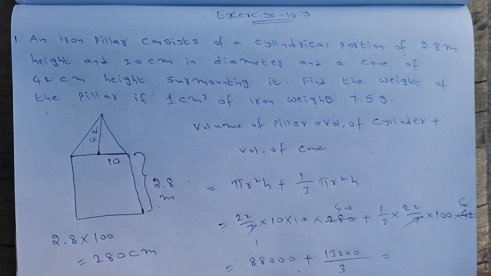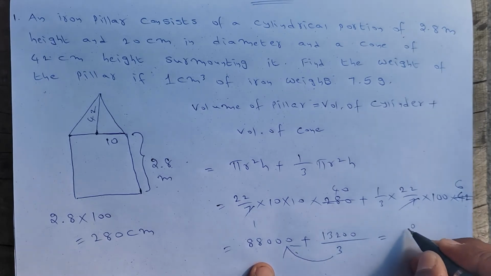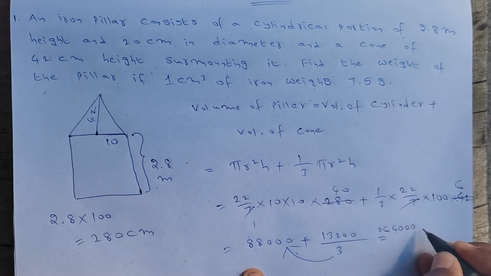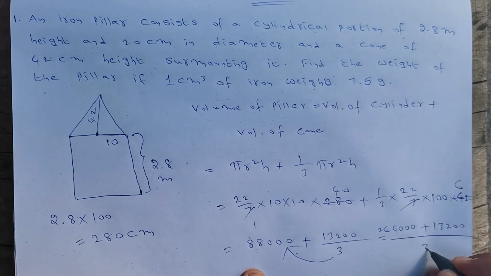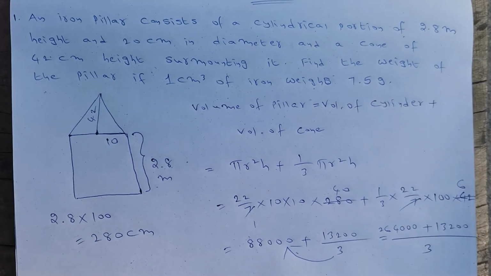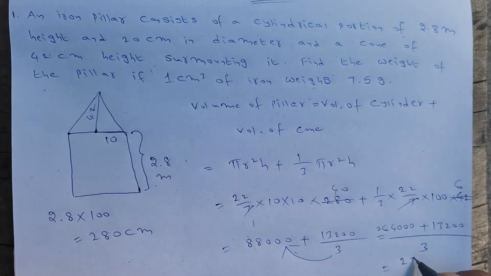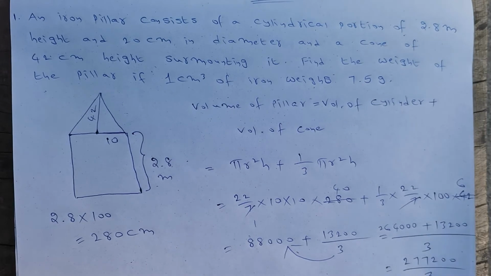Now simply multiply 88,000 into 3, that is 3 into 88,000, which is 264,000. Adding 13,200, whole divided by 3, that is 277,200 whole divided by 3.